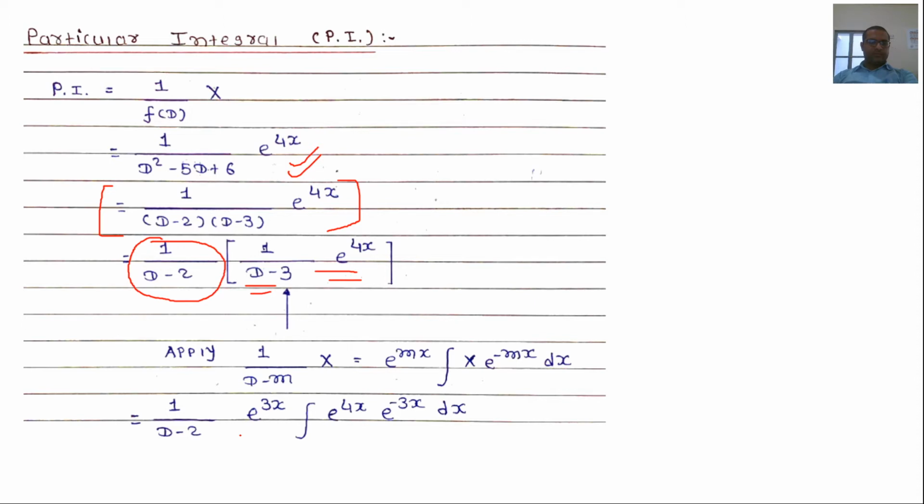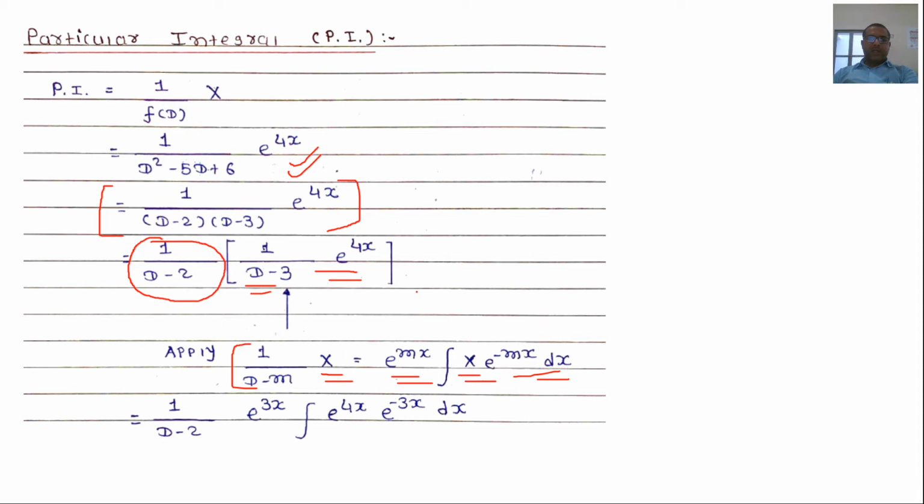Now, as we have discussed in an important result in our previous session, 1 upon D minus m of capital X is equal to e raised to mx integration of capital X e raised to minus mx dx.